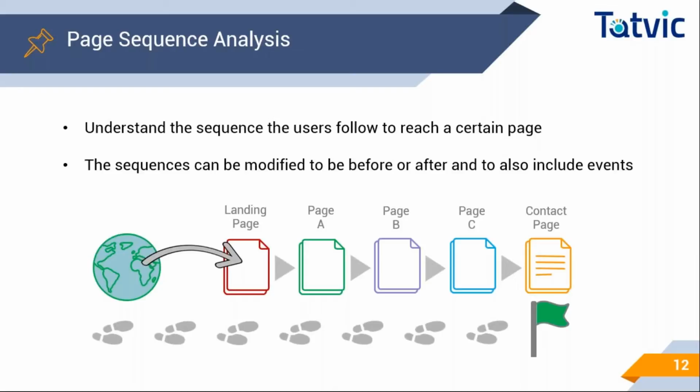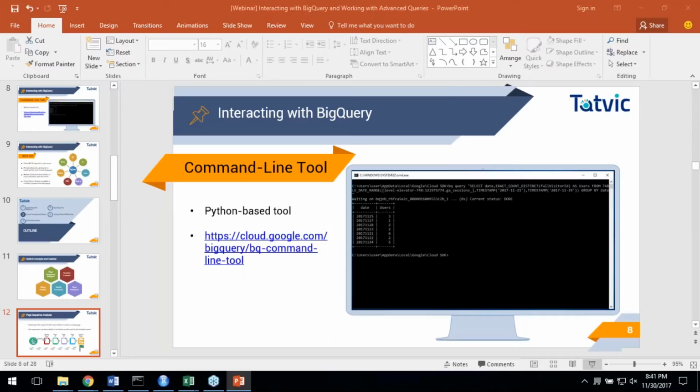For this sequence, we can either have page-by-page reports, or if I also want to include events, the query that I'm showing you can be modified to include events as well. So let me take you through the query.